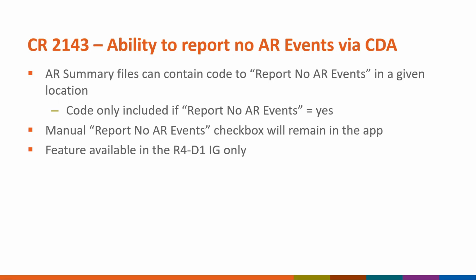Similar to the other report no events code, you'd only use that section of code in your CDA files when report no events equals yes. The manual checkbox to report no events in the app will remain, and facilities can continue to use that as well. A very important note, this feature will only be available when using the R4D1 IG for the AR summary files.